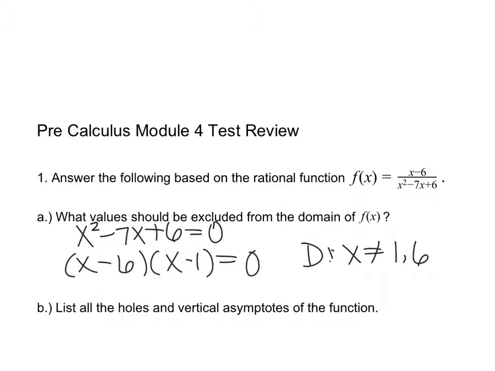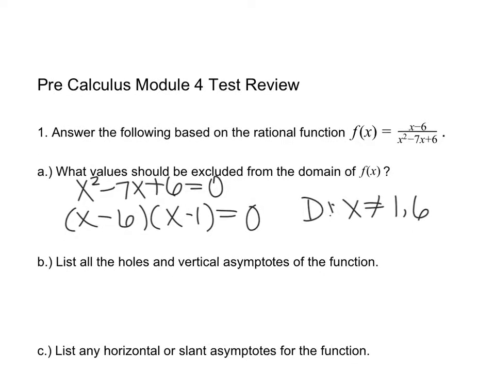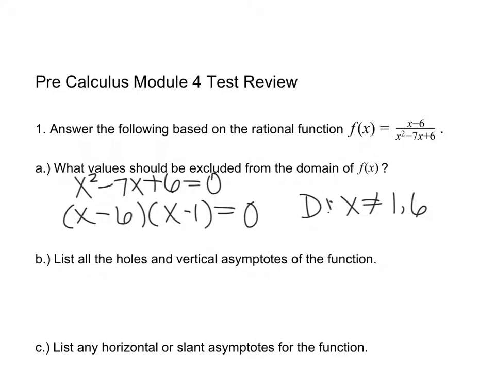So next we want to list all of the holes and vertical asymptotes of our function. So let's go ahead and rewrite our function with our factored denominator. So x minus 6 over x minus 6 times x minus 1.